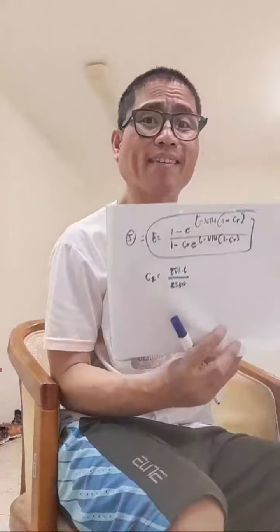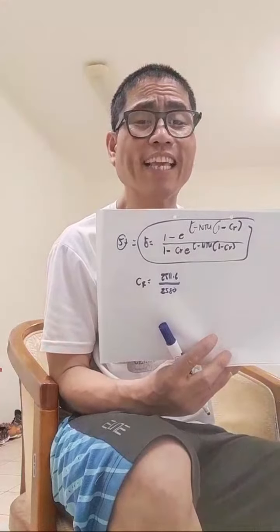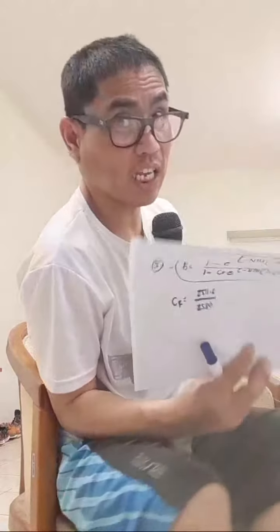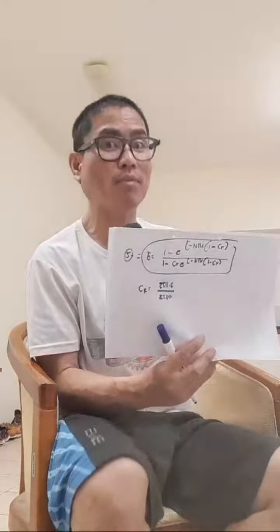Your C max, the specific capacity at maximum value, is 2580. And class, we don't have to put units because it's understood that these are all specific capacities, and their units will be automatically cancelled because CR also is unitless, the same as C minimum and C maximum. Okay? It's going to be like that.